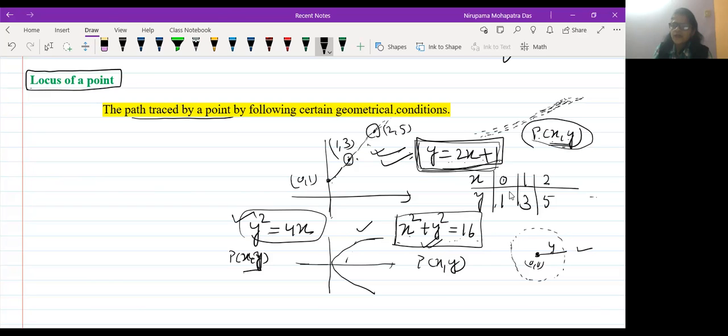In a function, the dependent and independent variables are related by a geometrical condition like y equal to 2x plus 1, or y square equal to 4x, or x square plus y square equal to 16. Is it clear? So locus, simply said, is the graph, the curve.